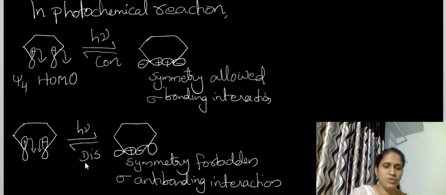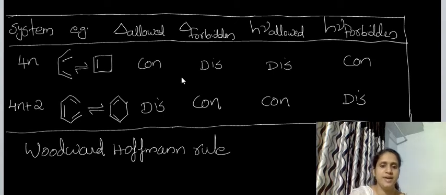Whereas when it undergoes disrotation, both the orbitals rotate towards opposite faces, it forms sigma anti-bonding interaction and it is symmetry forbidden.